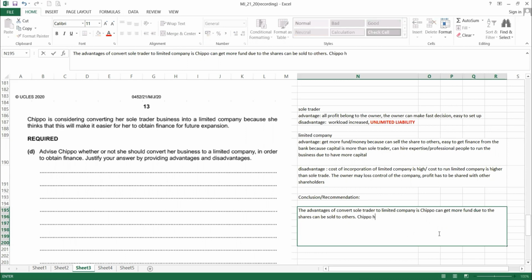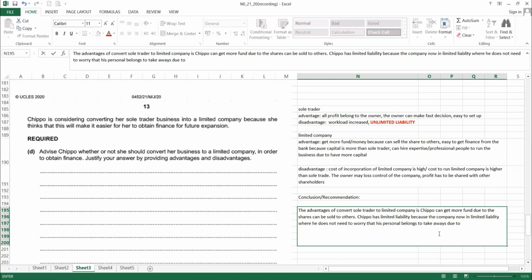Chipo has limited liability because the company is now a limited liability company, where he does not need to worry that his personal belongings will be taken away due to debt.